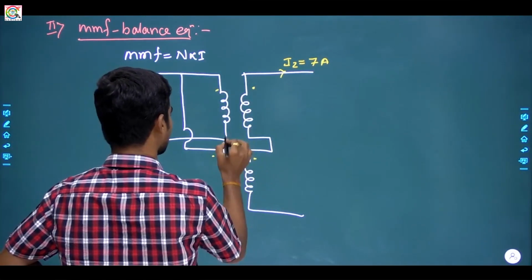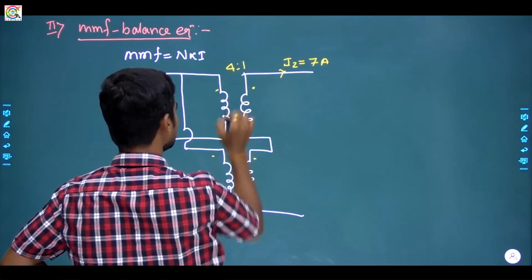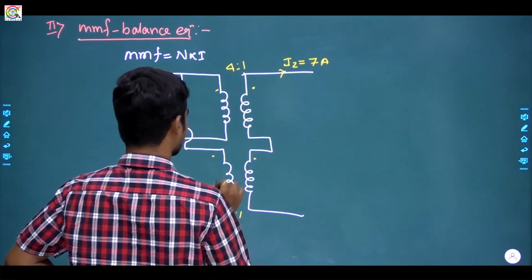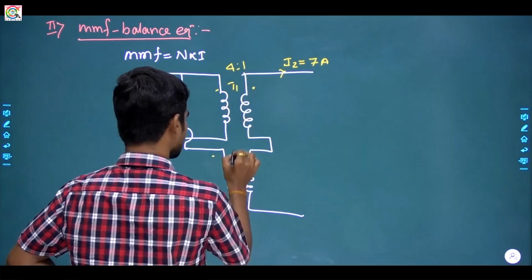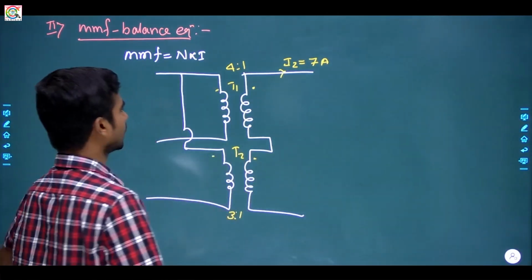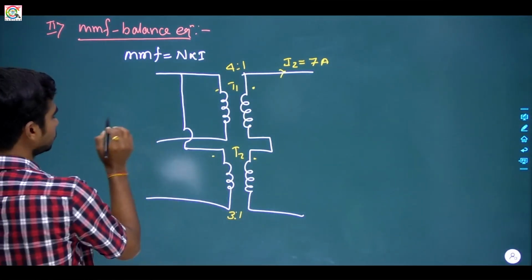This is the dot polarity. 4:1, 3:1. Transformer T1, transformer T2.